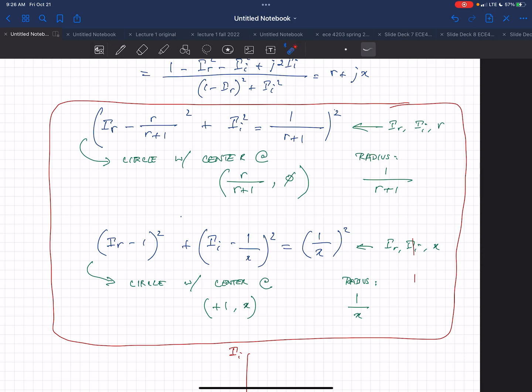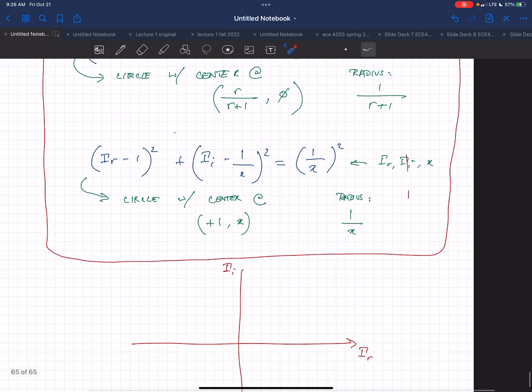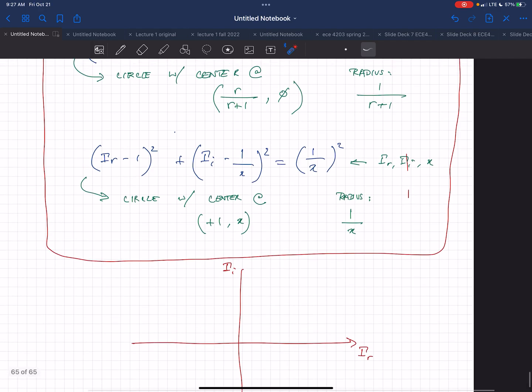Okay, so imagine as I'm changing the real part of the impedance, the center of the circle is going to move. The center of this circle, that's a part of the real part of the impedance, is going to move, but this part of it is always 0.